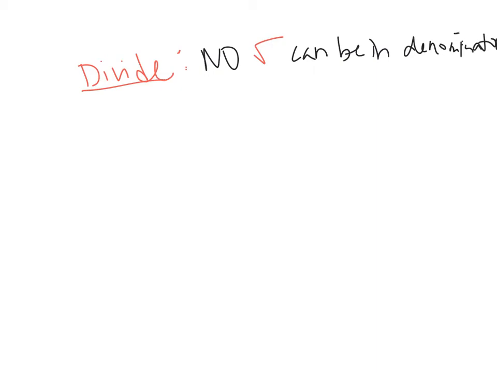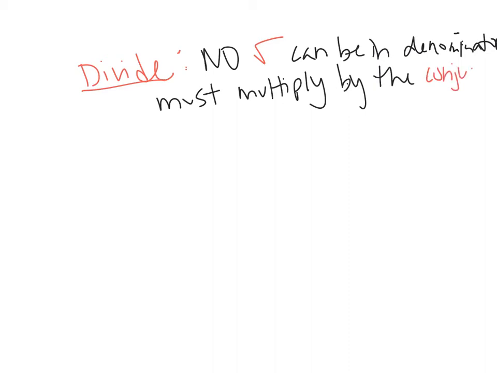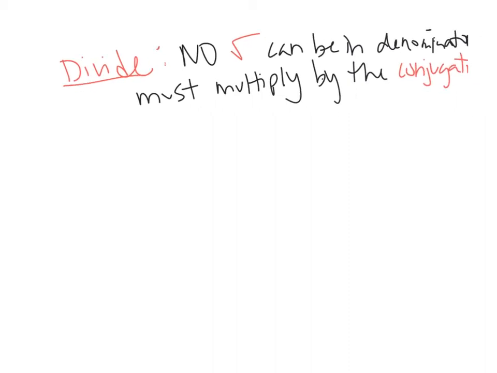So we must multiply by what's called the conjugate. Conjugate, big fancy word, all it means is change the sign. And I will show you an example of that.